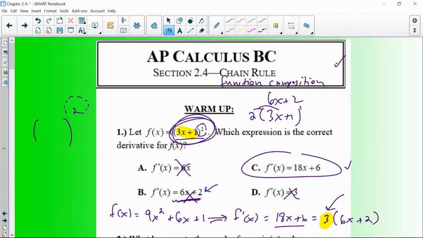This quadratic is a function, but then there's another function inside that quadratic, the function 3x + 1. That 3x + 1 is sitting inside something that's being squared. And so when you have a function composition like f of g of x, each of the functions needs a turn at getting a derivative. And that's exactly what the chain rule is.